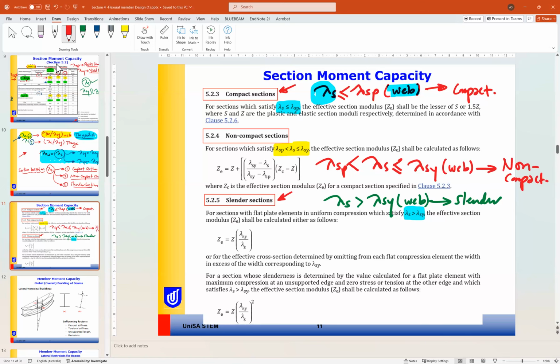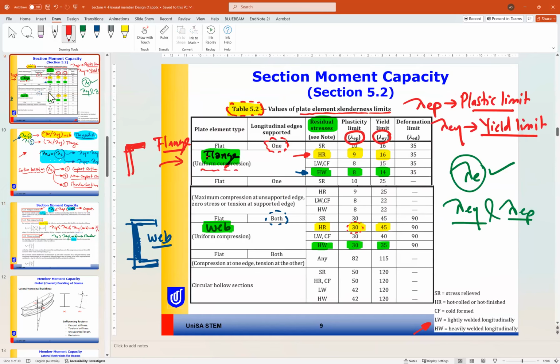If we go to the table, let's assume that we have three cases. Case 1, lambda s equal to 25. Case 2, lambda s equal to 50. Case 3, lambda s equal to 40.